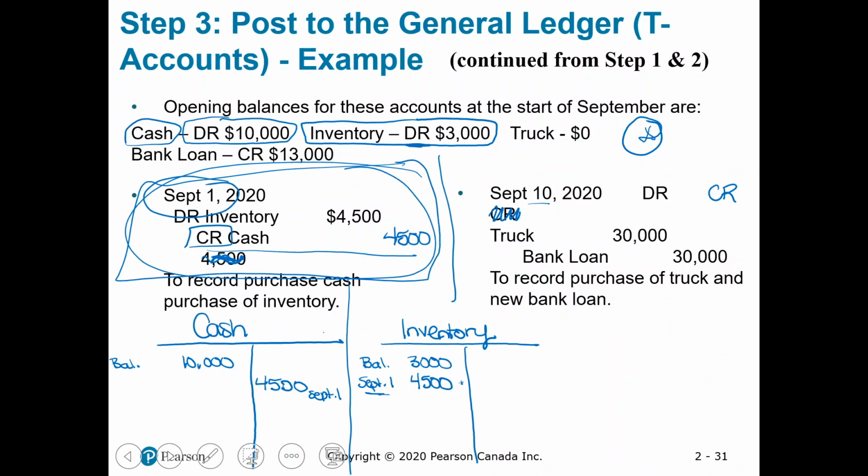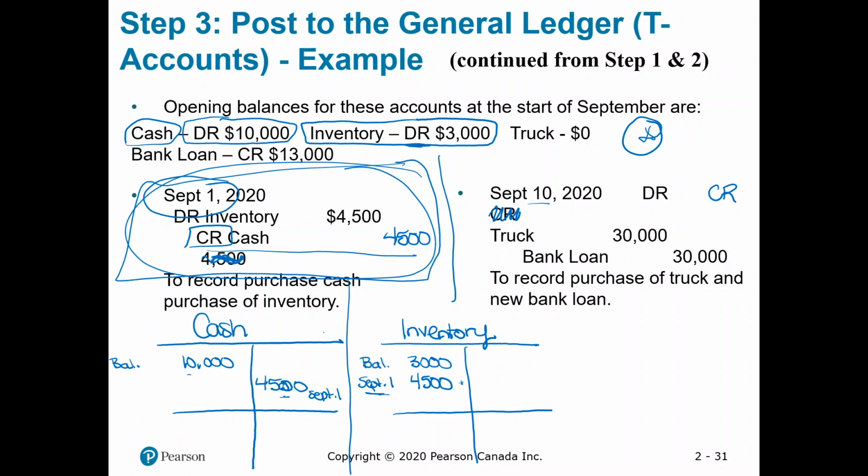So if we flip back to this page, draw a line off here to show we're calculating a balance. Now for cash, where we have a debit and a credit, here you need to find the difference between each side. So we take our $10,000 debit and the $4,500 credit, and we figure out the difference.